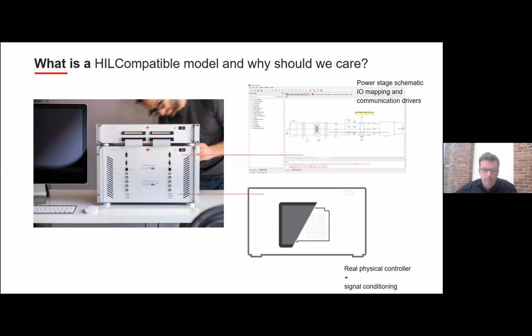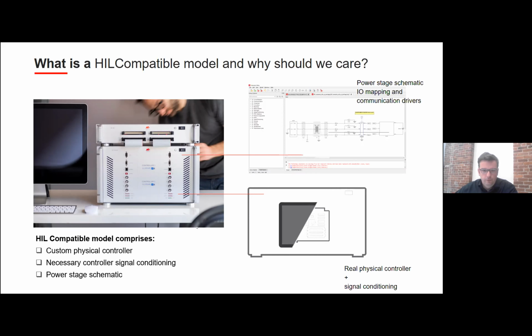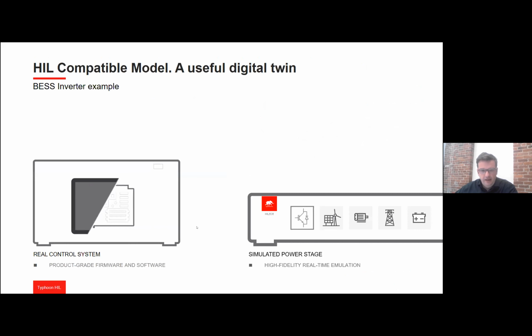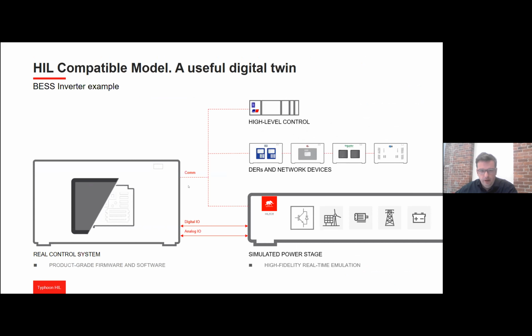So now, with these two packaged together, you have a digital twin, which becomes super useful to take it to the next level, once this grid-forming inverter with new functionality starts to be integrated on the network with other relays, other DERs, inverters, filters, PV, and high-level controls.